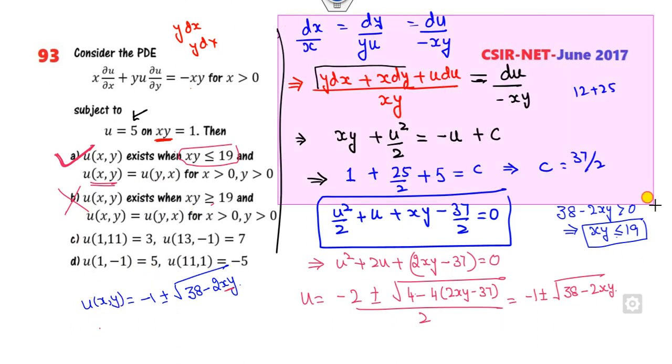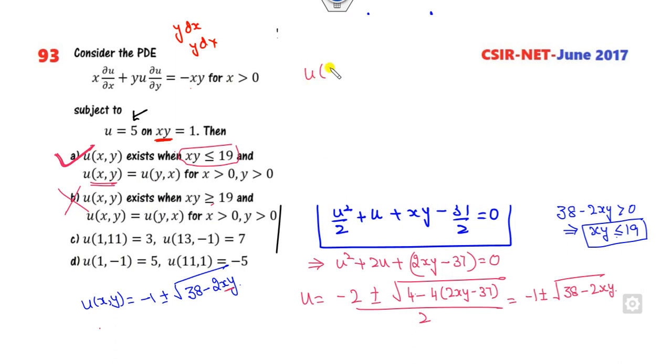I can find the solution here. What is the value of u(1, 11)? So minus 1 plus or minus of this, I can take the plus sign only because both values are positive. Now 38 minus 2xy, with x into y being 11, it's 11 into 2, 22, so it is 16, and 16's root is 4, so minus 1 plus 4 is 3.